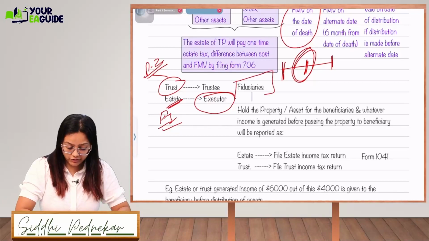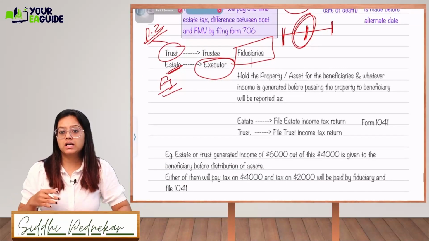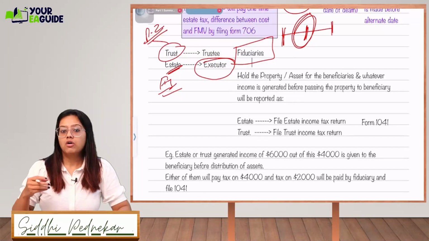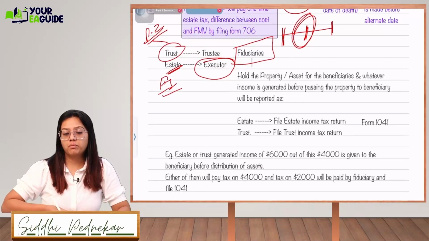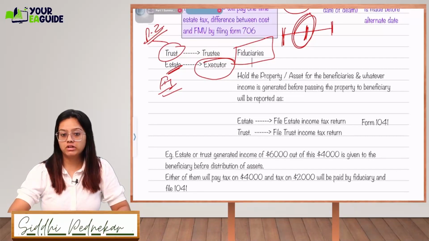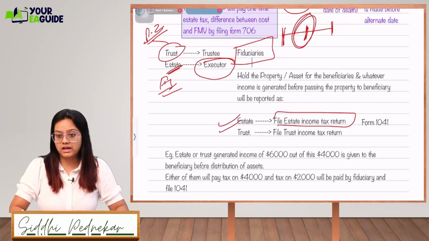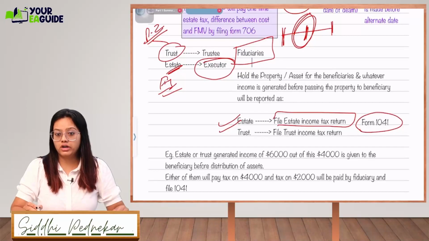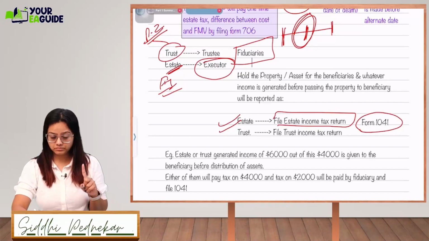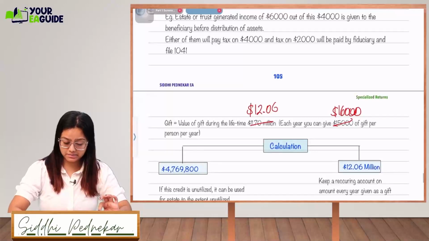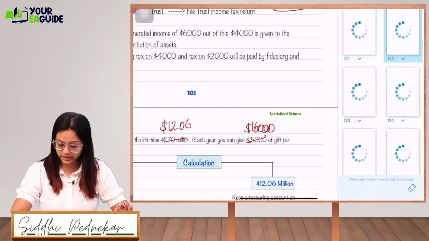Fiduciaries will hold the property and assets of the beneficiaries, and whatever income is generated before passing the property to the beneficiary will be reported by the estate in the estate income tax return, form 1041. Now, I have explained the whole link in the class, but I'll explain it quickly.